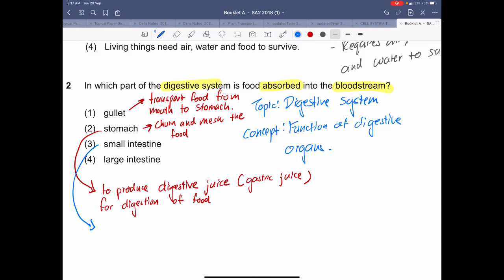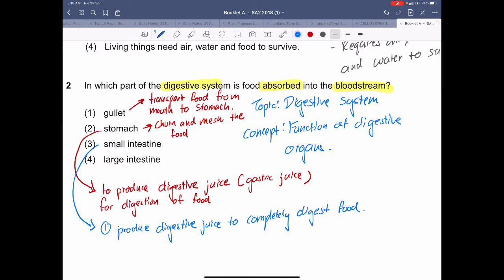The first function is to produce digestive juice to completely digest food. So remember this, your small intestine is the one that actually completes the digestion of your food.